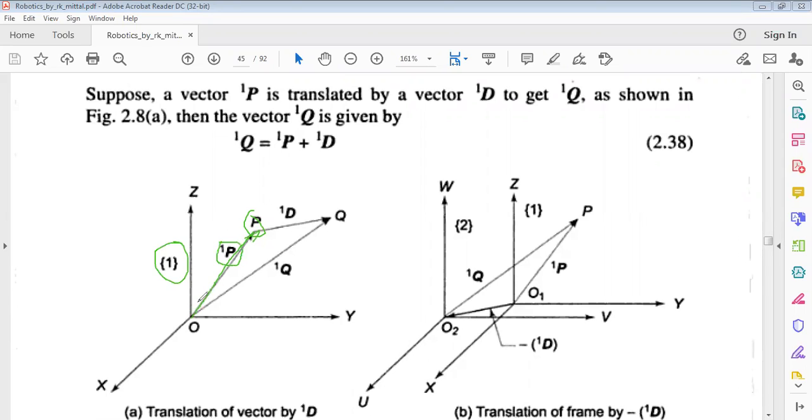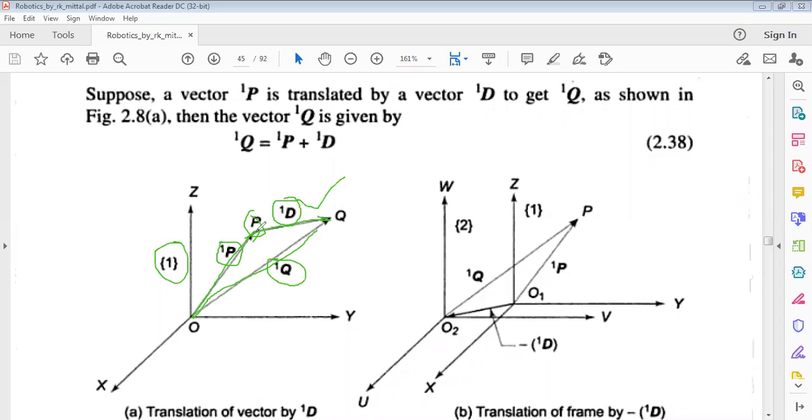Let us assume this vector OP is translated to vector OQ. From P to Q, this is the translation vector. So OQ is the new vector.